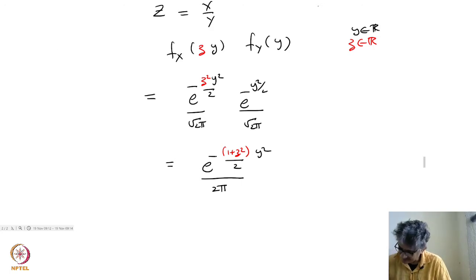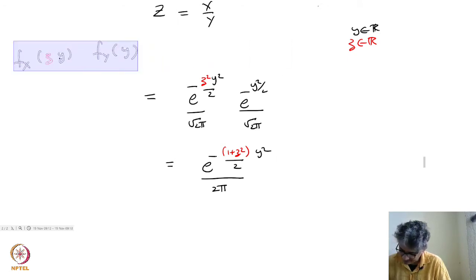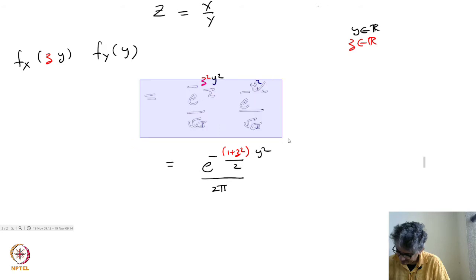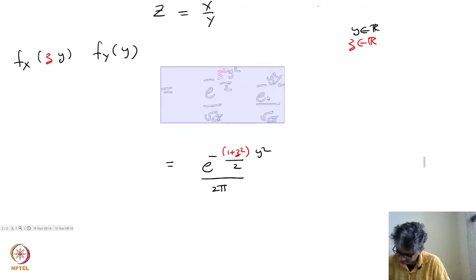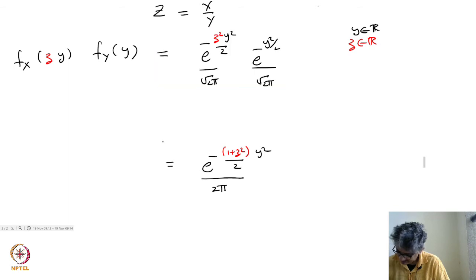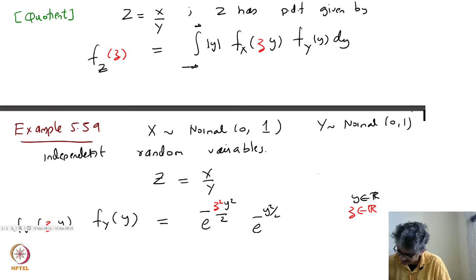So f sub x at zy is going to be equal to this. Now we know from the above formula that f sub z of z is the integral of this form.